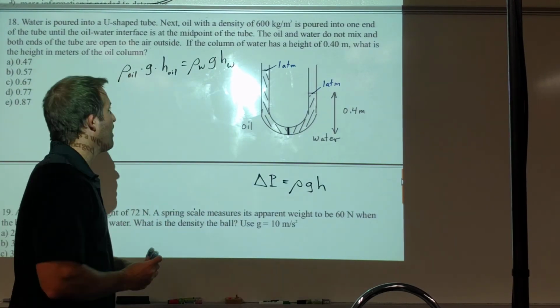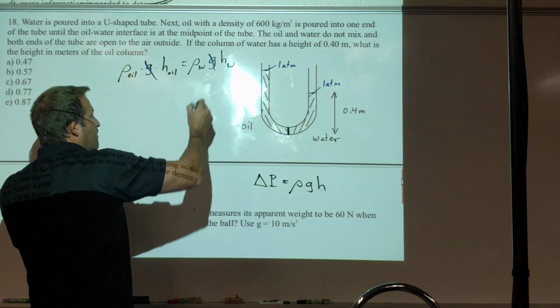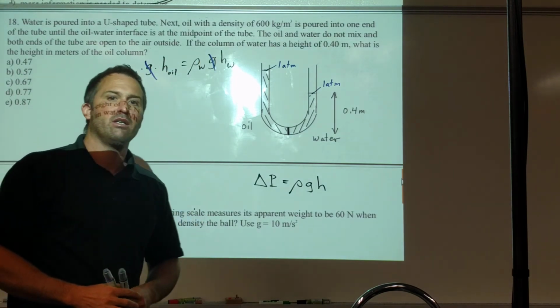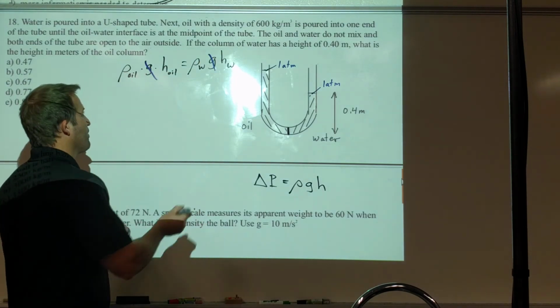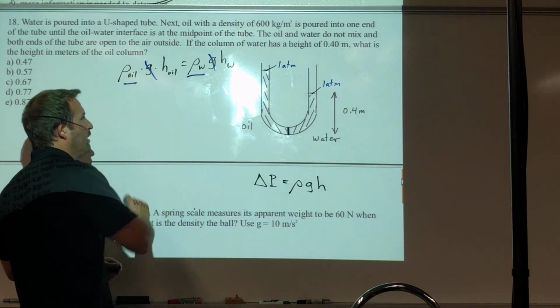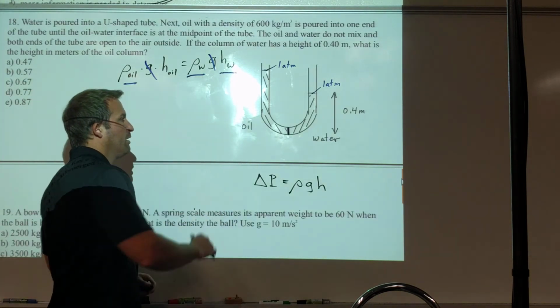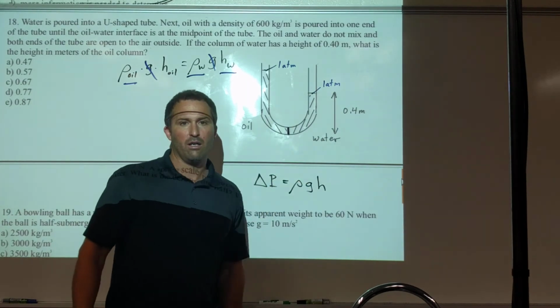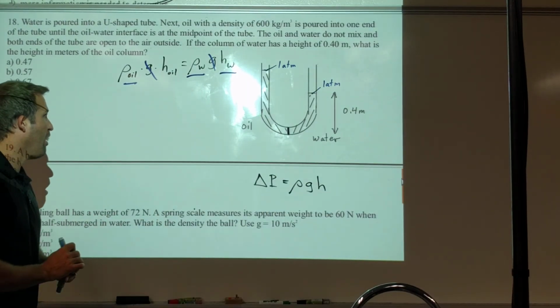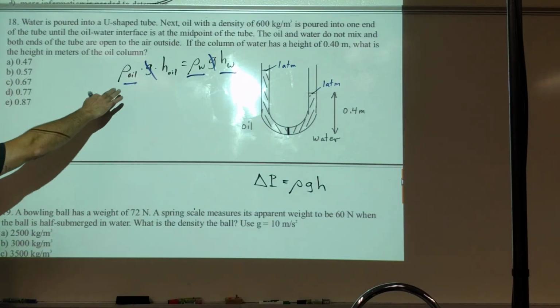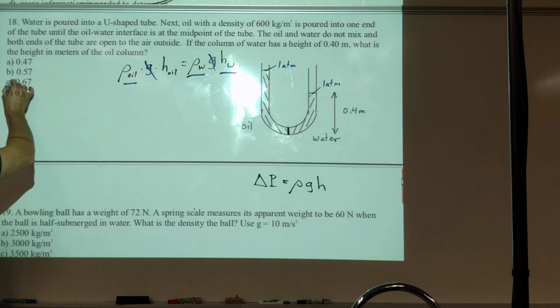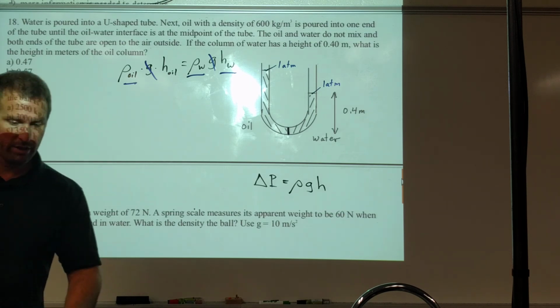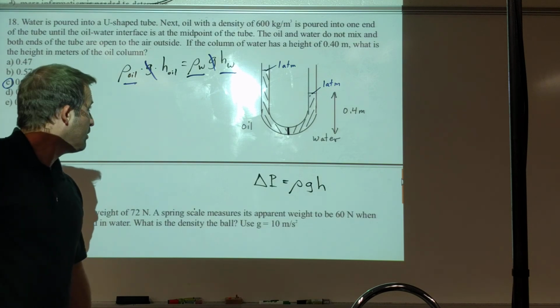We don't even have to approximate g in this case because we can just divide through. At this point, we know three of these numbers: the density of the water and the oil, and the depth of the water. So we should be able to solve for the depth of the oil here, and we will get 0.67 when we plug in those numbers.